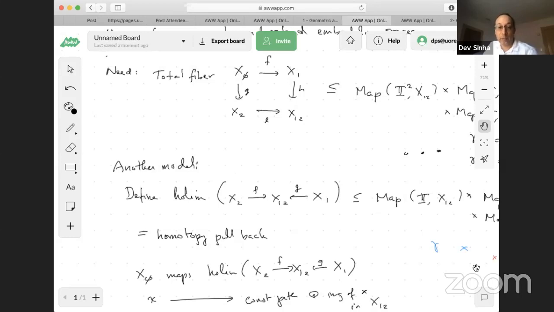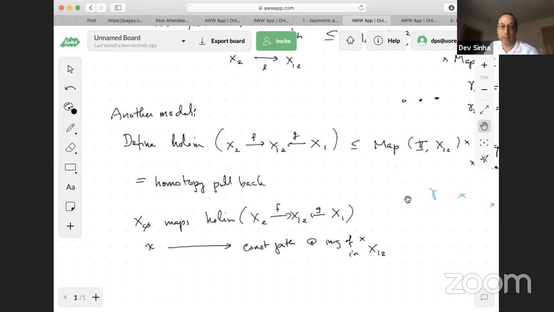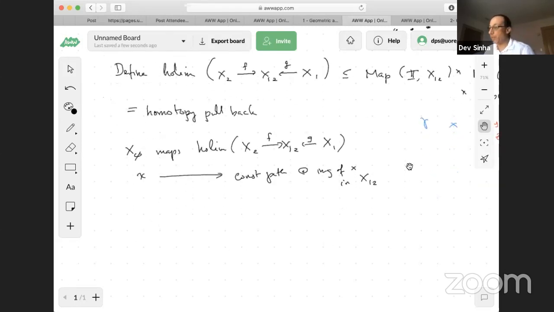So that's an element of the homotopy limit. It's in fact a subspace homeomorphic to x phi. And then the claim is that this is, I think, basically a homeomorphism, that the total fiber of the cube, of the square in this case, is just the homotopy fiber of this map from x phi to the homotopy limit.